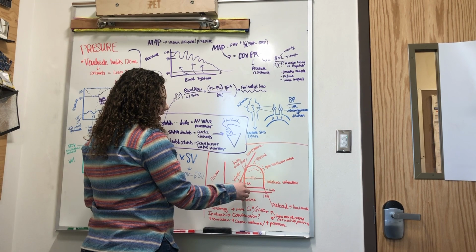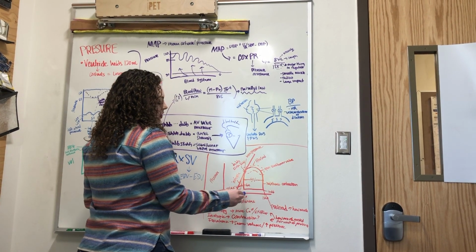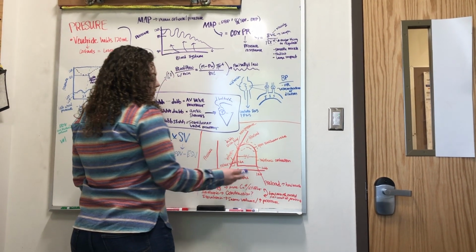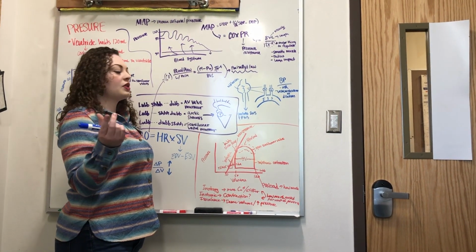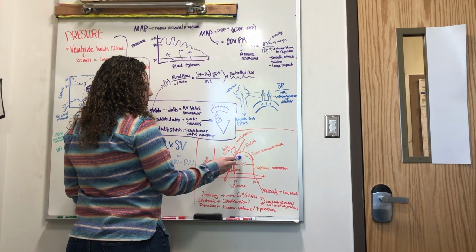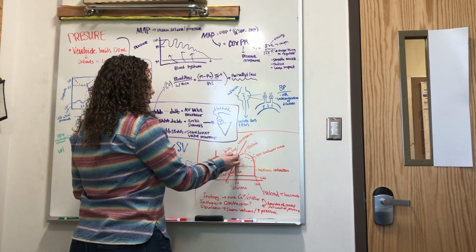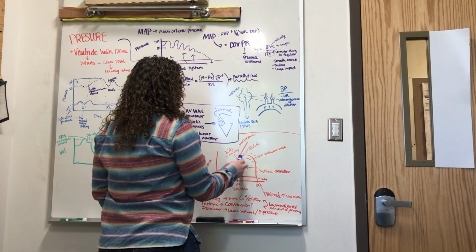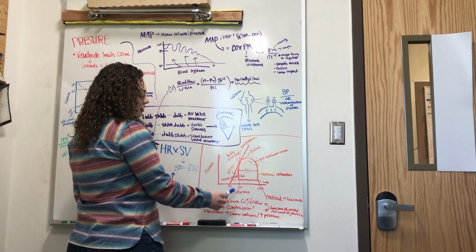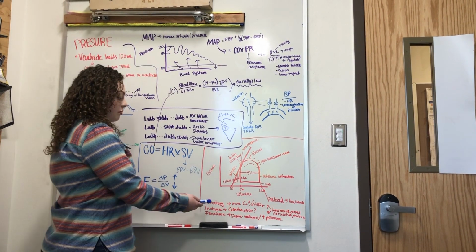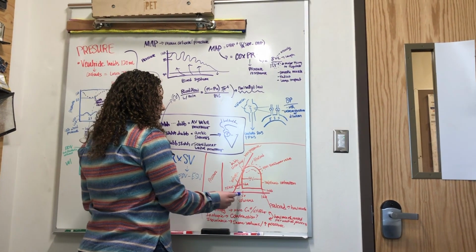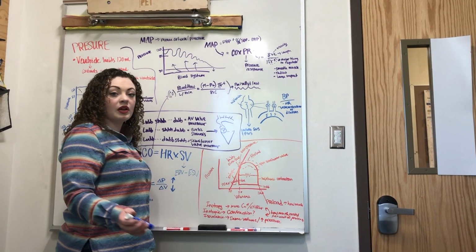And then you have relaxation of the ventricle. So the different things that can be determined by these are the stroke volume, so how much the volume actually is. And then right here we had our dub, or our closing of the semilunar valves, which caused that relaxation. And so this is going to be our max pressure. Then we have this line coming through here, and this stands for inotropic. So this is asking us how much pressure does it take to move the amount of volume that we're discussing.